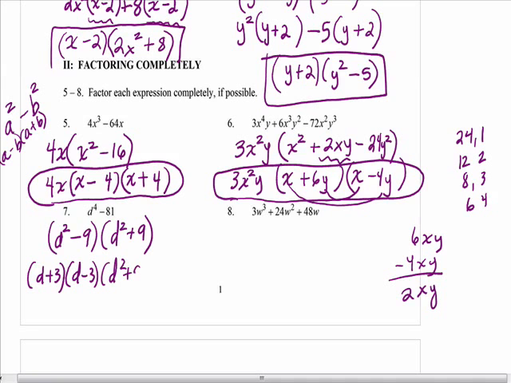Perfect. Absolutely perfect. So let's back up for those of you who still have some questions. The original is a difference of squares because d to the 4th is a perfect square. D squared times d squared makes d to the 4th. 81 is a perfect square. 9 times 9 is 81. So take the square root of each of them, make one a minus, and make one a plus.